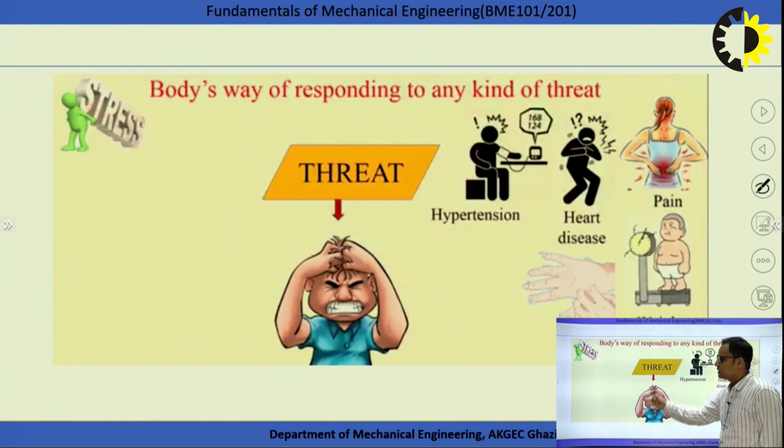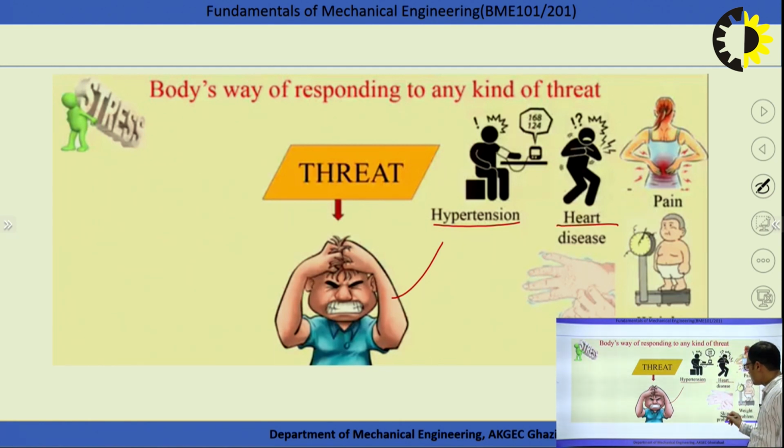So if a person is under threat, what happens? There may be a reason of hypertension, heart disease, skin problem, weight problem, pain. So these are the consequences of the threat. If any human body is subjected to the threat, what are the consequences? The body will feel stress, but stress cannot be visualized, it can only be experienced.